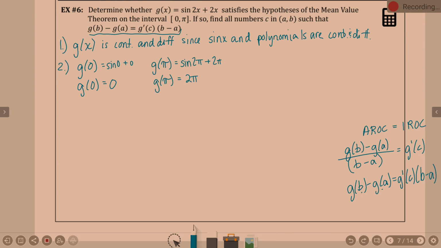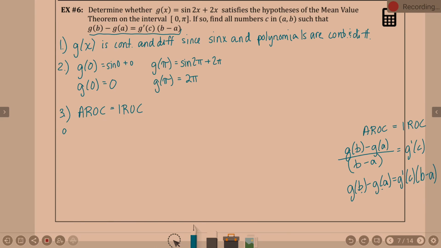Okay. So, with MVT, what are we looking for? It's still going to be AROC equals IROC, right? How are we going to do AROC?